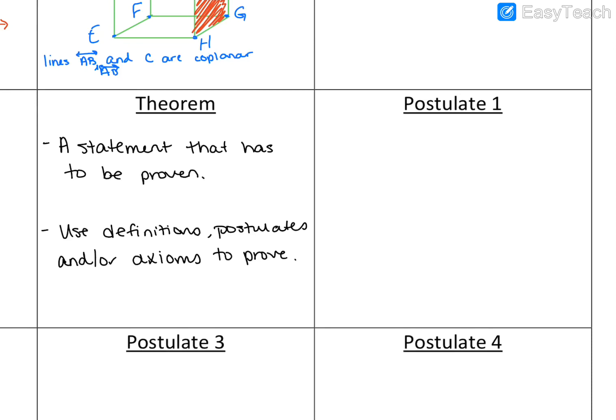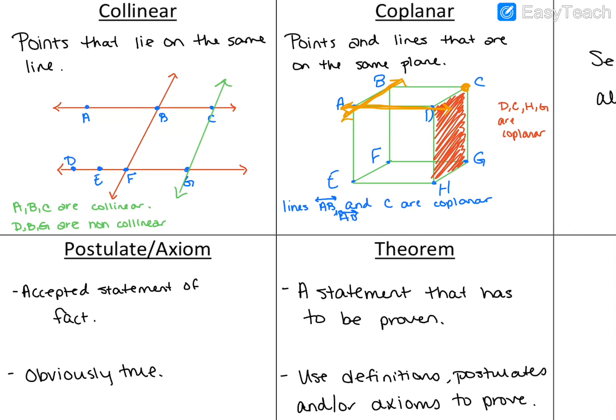And this very first postulate is actually one that I mentioned earlier back when we said, well, what about C and G, are those collinear? And remember, you probably thought they weren't because they had a line you could not see, but there was a line. You can just draw a line in that goes through the two of them.